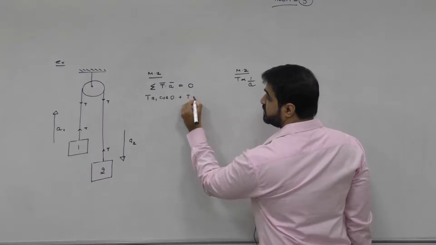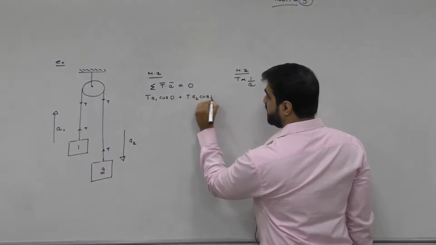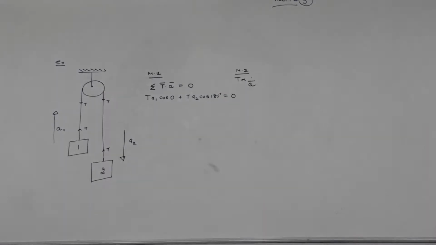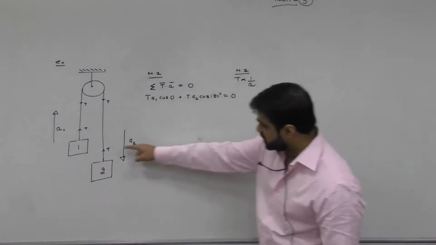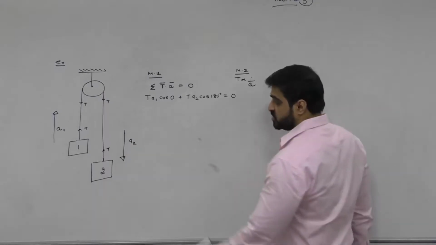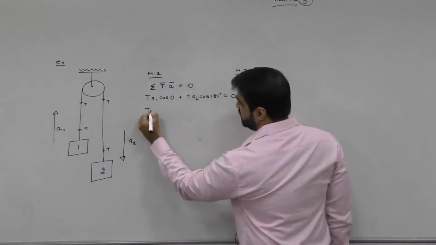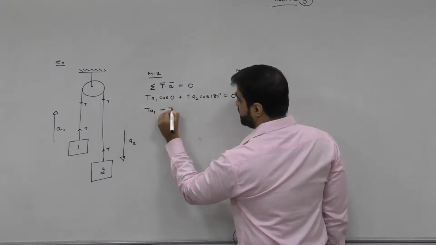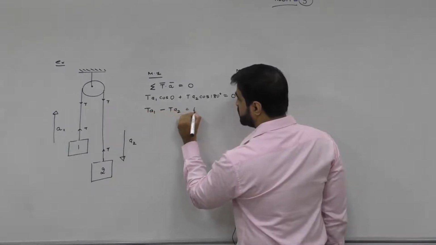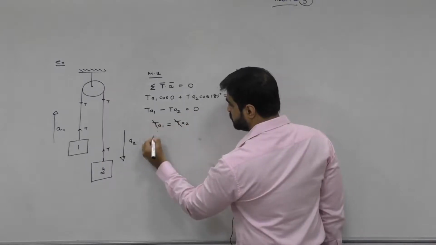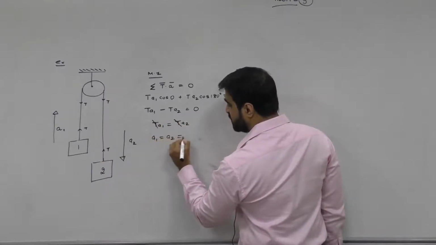T A2 cos 180 has to be 0. अरे बाबा, they are in opposite direction. He's going down with A, he's going up with A. तो क्या हो जाएगा, TA1 minus TA2 is equal to 0. So TA1 is equal to TA2. So A1 will become equal to A2 is a common name A.